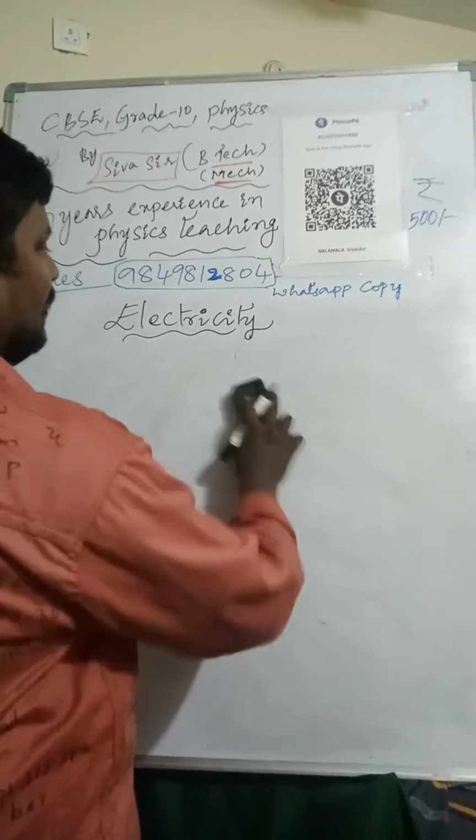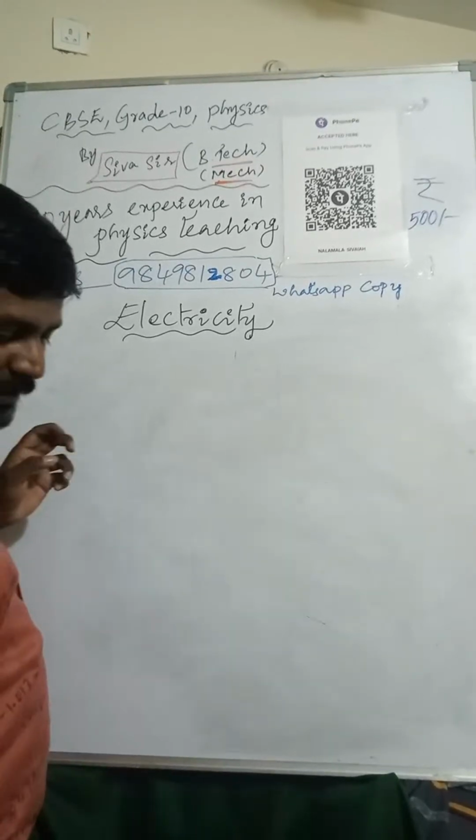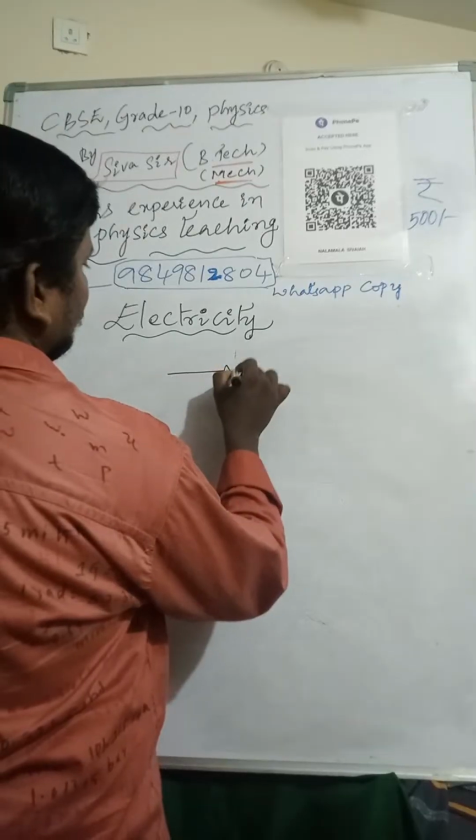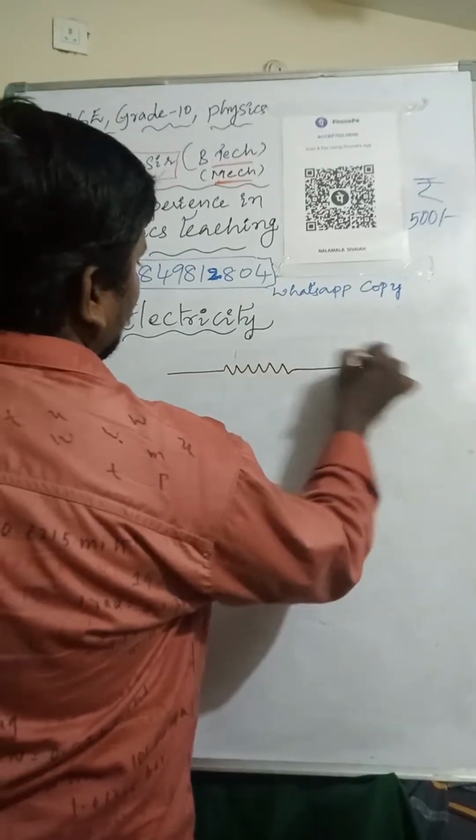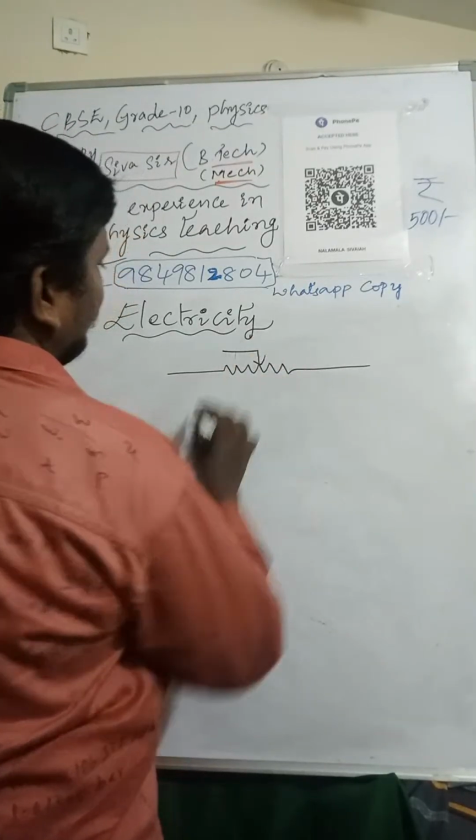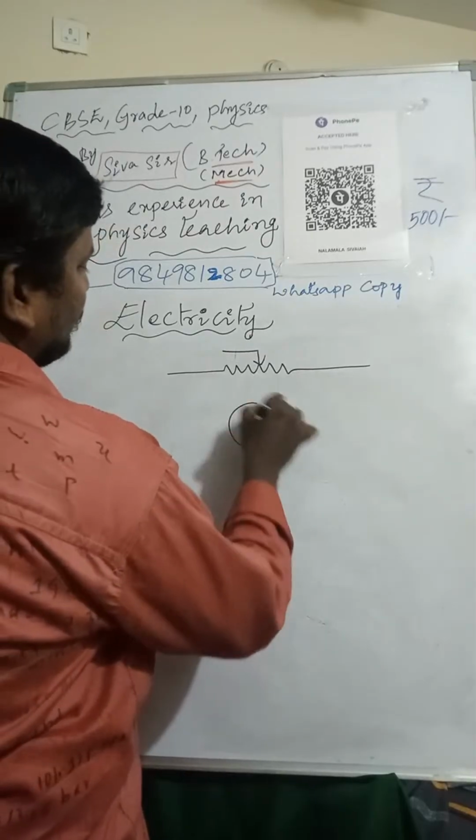We'll go with the resistor, ammeter and voltmeter.